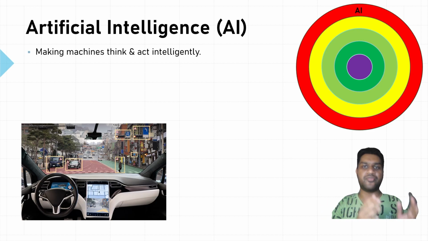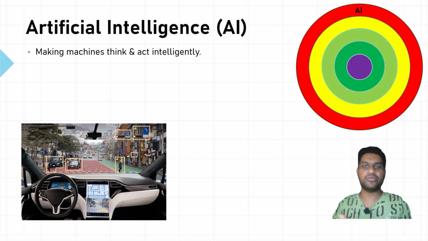It can see whether it's a red light, a green light, or a yellow signal. It can also see whether there are cars coming towards it, whether the traffic is high or low, and whether someone is crossing the road or not. It can decide all these things, and because of it, it is able to drive on its own.